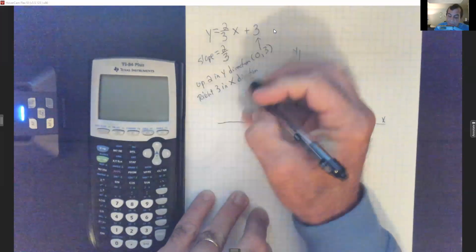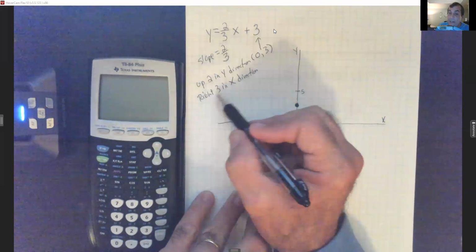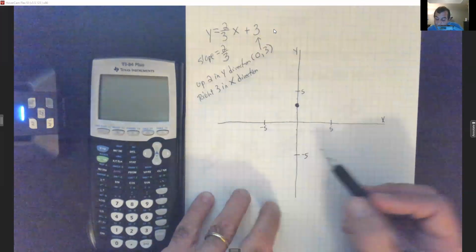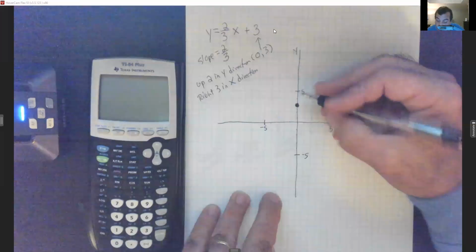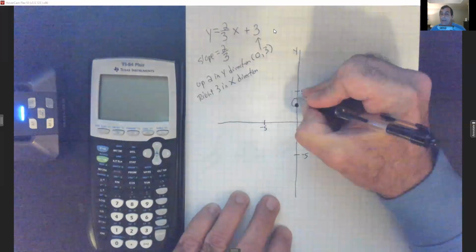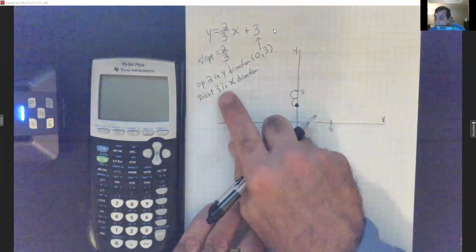Remember, your dependent variable is on top, which is your y's, and your independent variable is on the bottom, which is your x's. So starting from this 3, you would go up 2. So going up 1, up 2. Now don't put your point yet, because you still have to move the x's, okay?